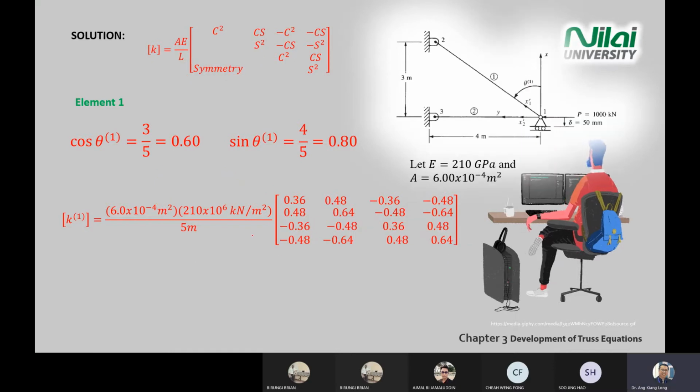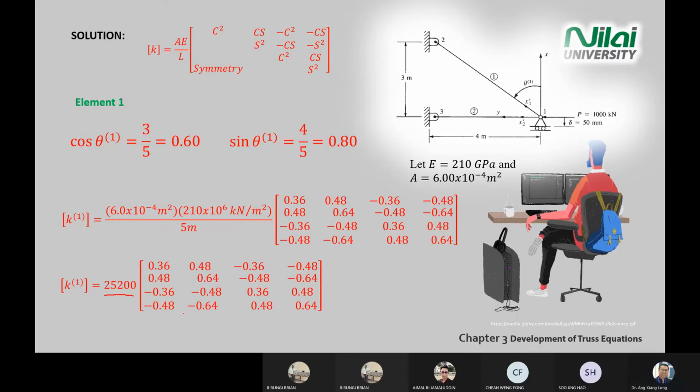Once you get this one, you arrange it, take a constant outside the matrix, and check the matrix format again. Once you get this, you calculate the second one.